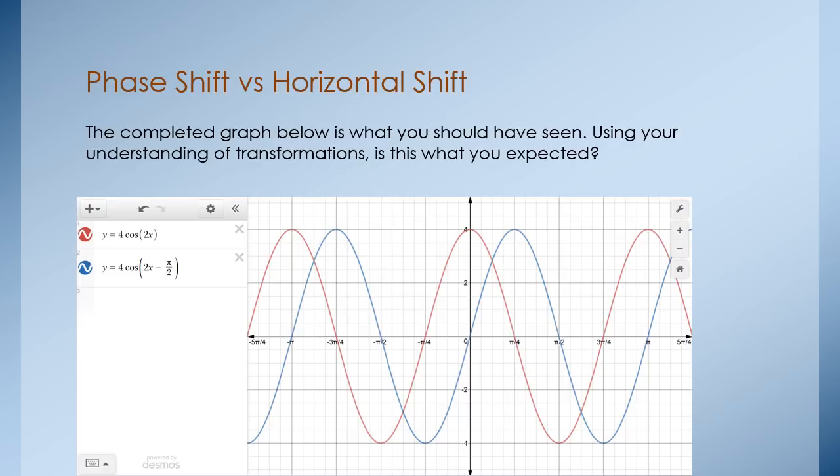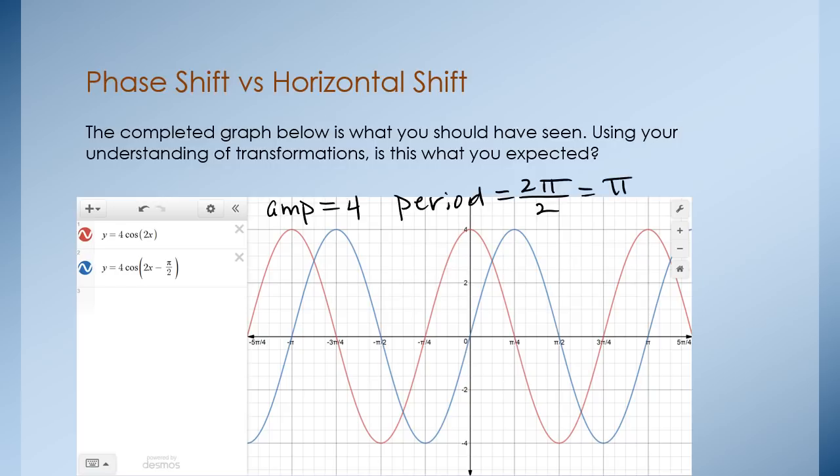So a couple of things that I notice about that red function. The 4 on the outside of the function tells me that the amplitude is equal to 4, and the 2 that's on the inside of the function tells me that the period is 2 pi over that 2 for a period of pi. So let me take a look here.